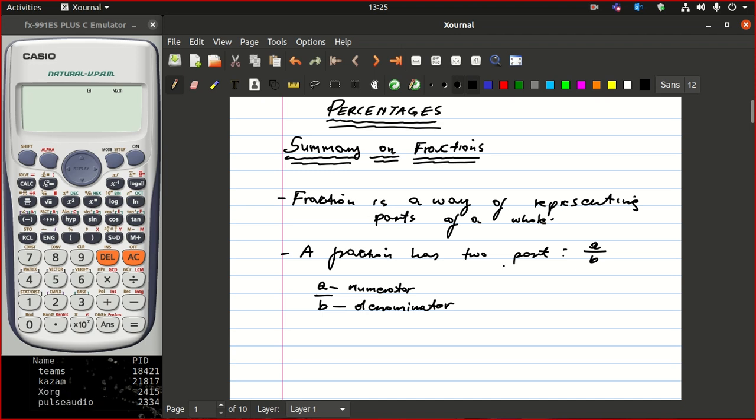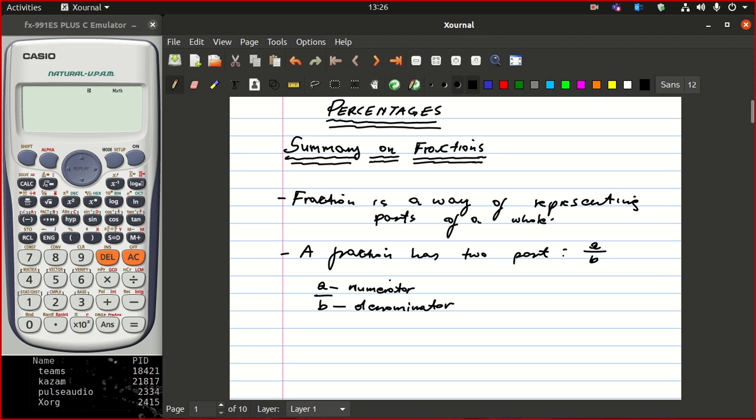These fractions are not just numbers that have no meaning; they are used to describe parts of a whole. In other words, how much has been used or how much is still available to be used of a whole thing. So the numerator shows us how many parts you have, and the denominator shows how many equal parts the whole is divided into.